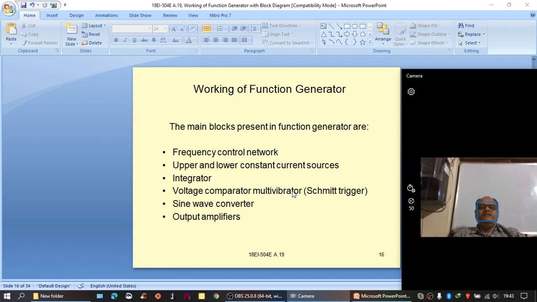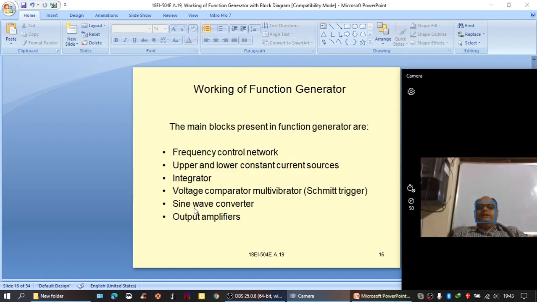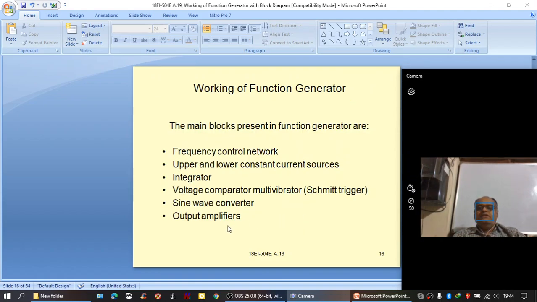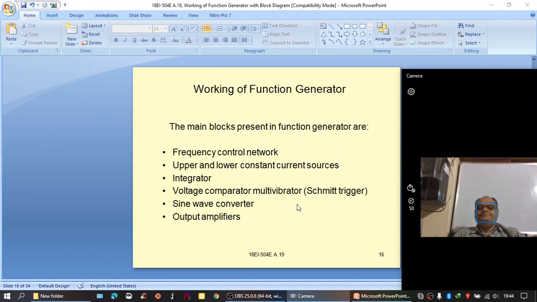Voltage comparator multivibrator or Schmitt trigger circuit, this one. Sine wave converter, this is the sine wave converter. Resistance diode shaping circuit is the sine wave converter. And output amplifiers. Through switches, output amplifiers are connected to rectangular or square wave or sine wave outputs.